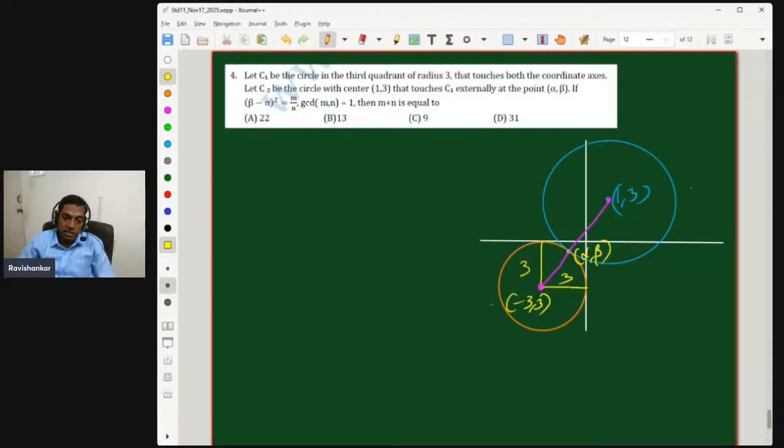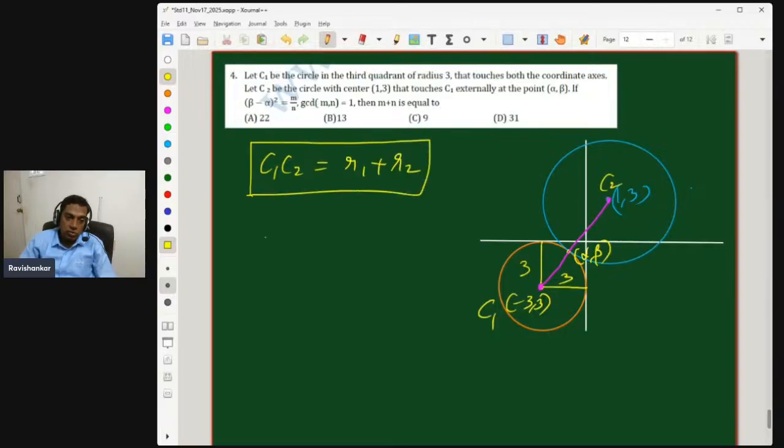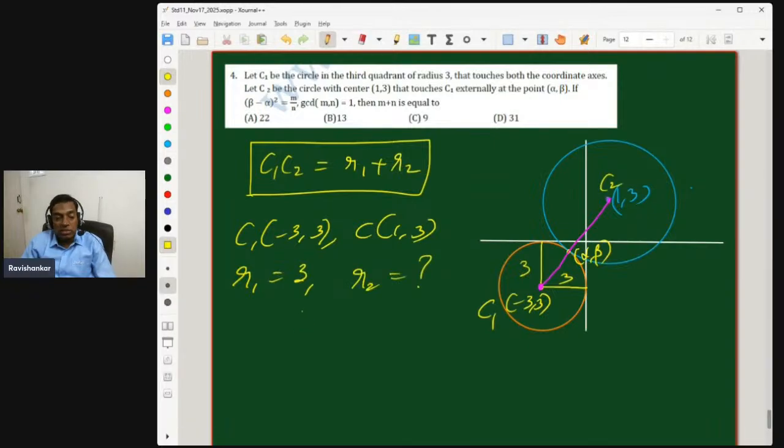So let's say this is C1 and C2. So C1, C2 is R1 plus R2. C1 is minus 3 comma 3, C2 is 1 comma 3, and R1 is 3. We don't know R2, but using this equation, you can find R2.